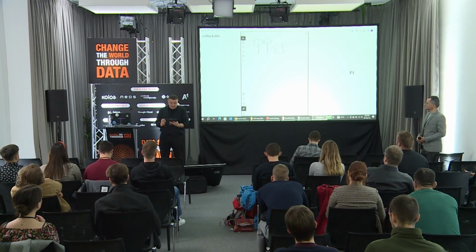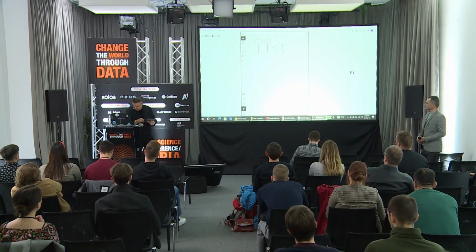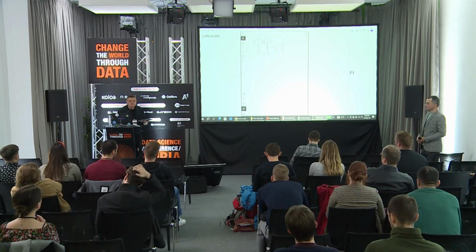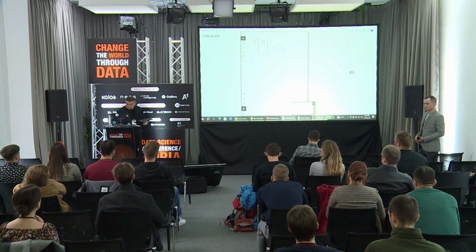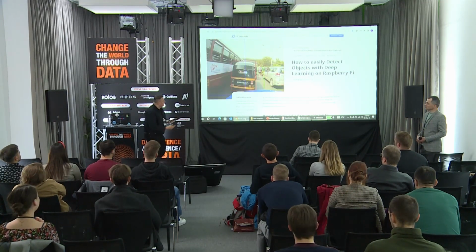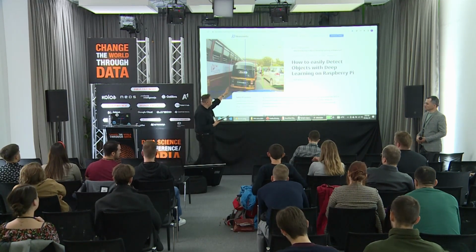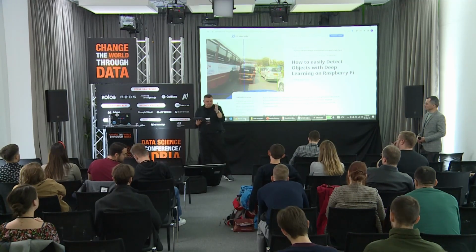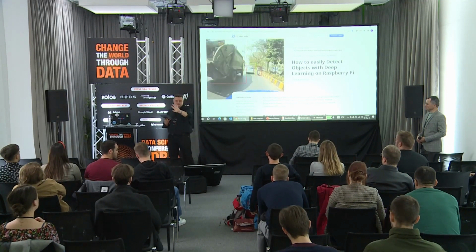The next approach: how about the area? Usually, if we look here, the area of the squares is pretty much constant, because the camera doesn't move that much.